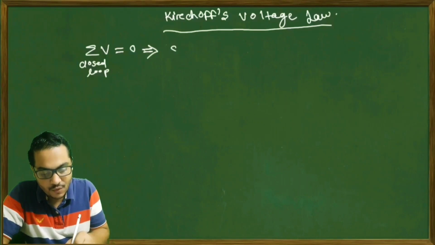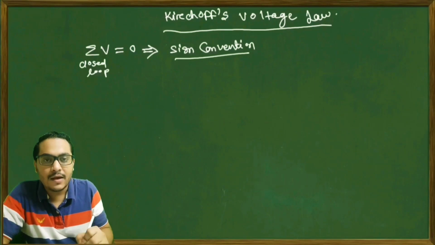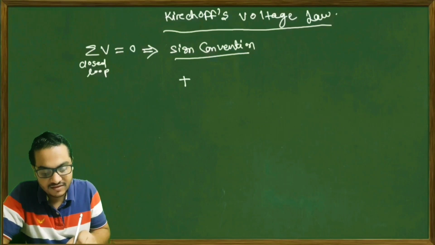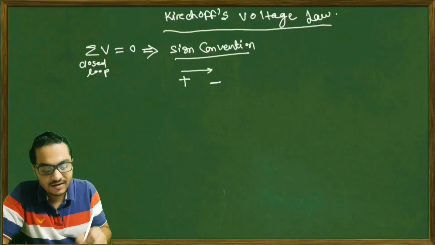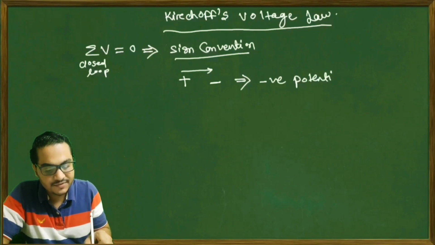Now this must be associated with proper sign convention. So what is the sign convention? In a loop, there is a loop direction. If you are moving from higher potential to lower potential, then the voltage sign will be negative.